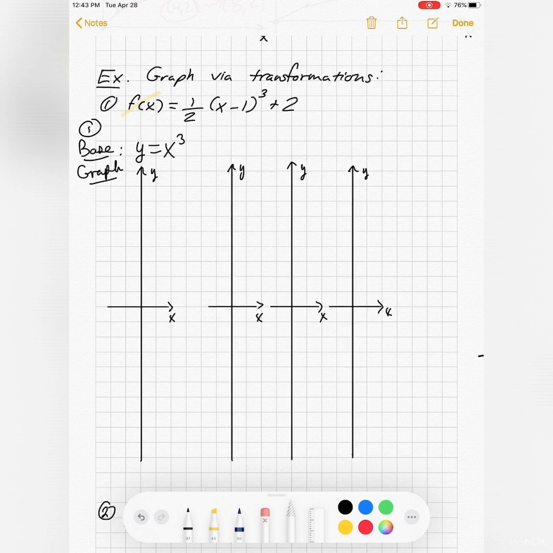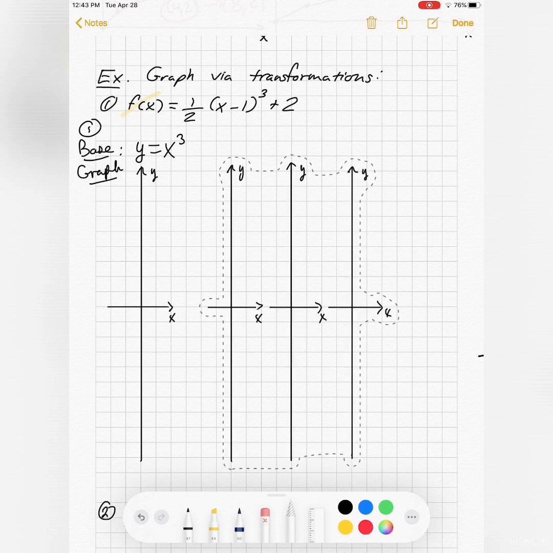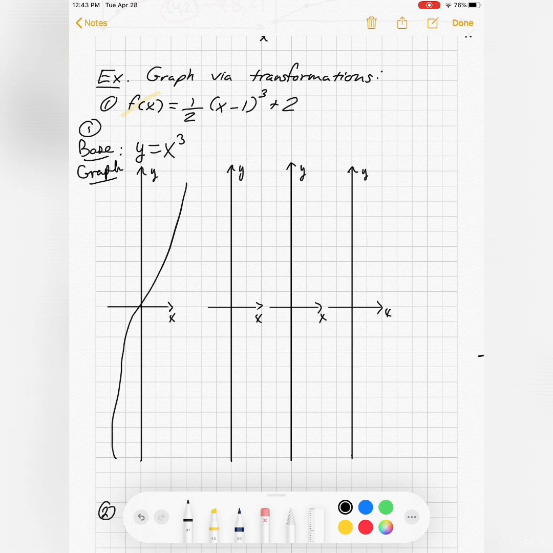Okay, then I'm going to look at taking it apart and seeing what the other steps correspond with. So x cubed, I know what that looks like. It's something like that, right? I could plug in a couple values.